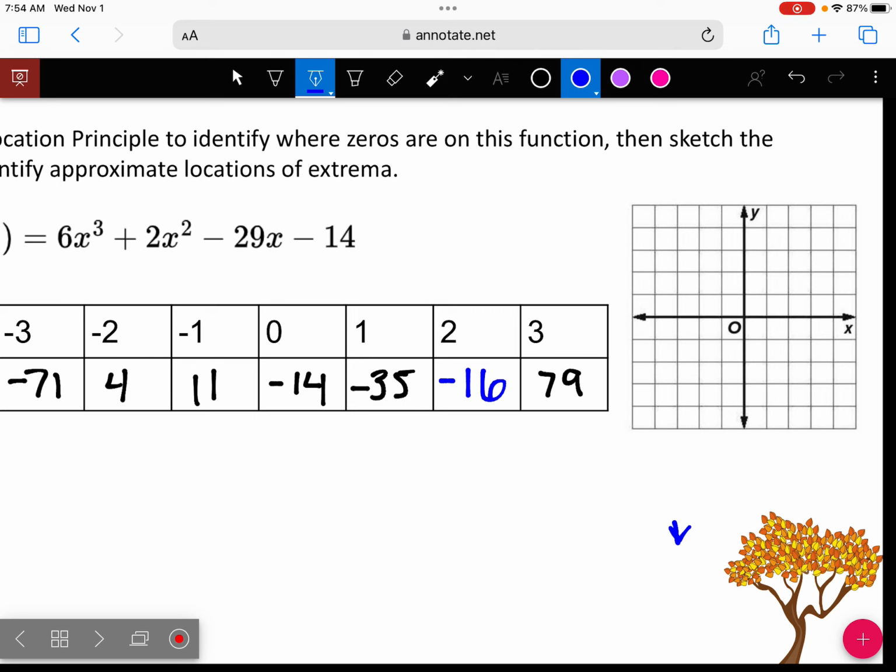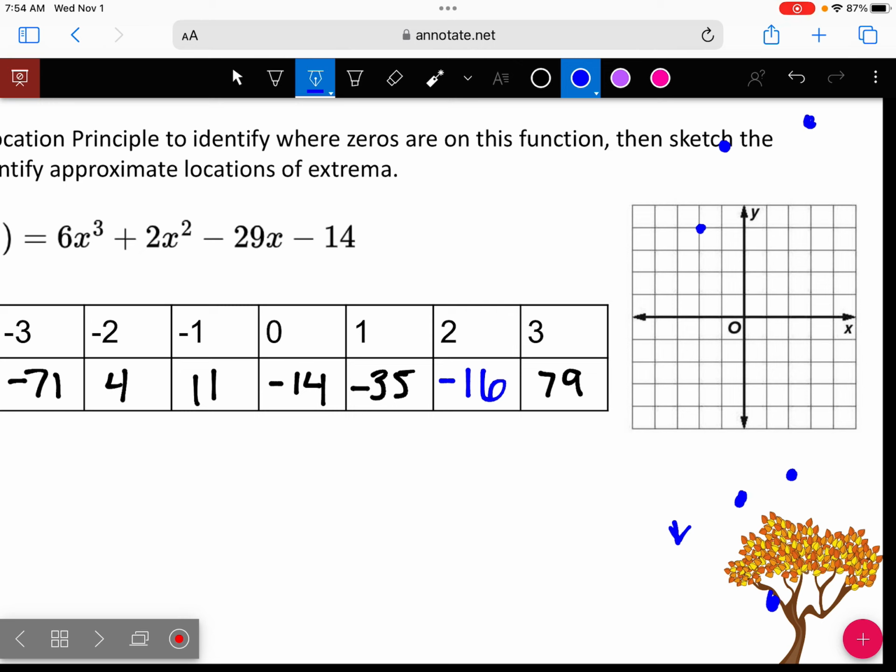-2, +4. You're welcome. -1, 11, which is going to be off our graph way up. 0, -14, which is off our graph down. 1, -35, which is again very low. 2, -16.